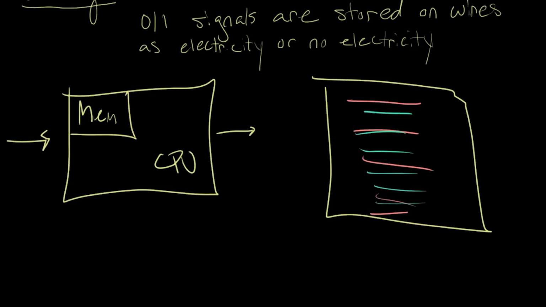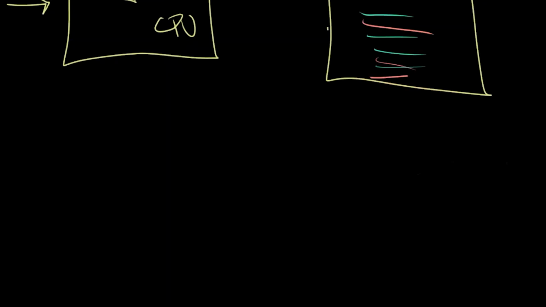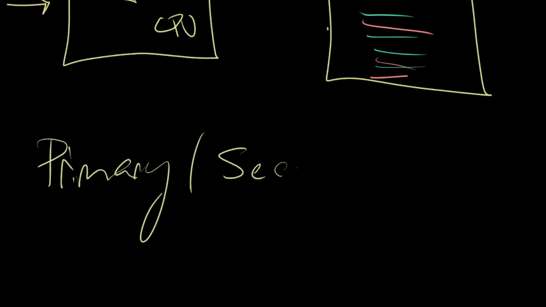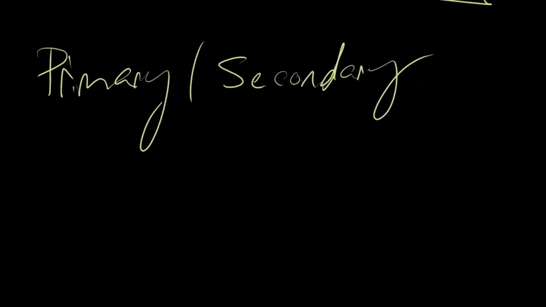Okay. So next, let's talk about the two types of memory that there are. There is what's known as primary memory, and there's also what's known as secondary memory. We're going to use an analogy to describe how these relate to each other, the analogy of a business. The business will be our computer.